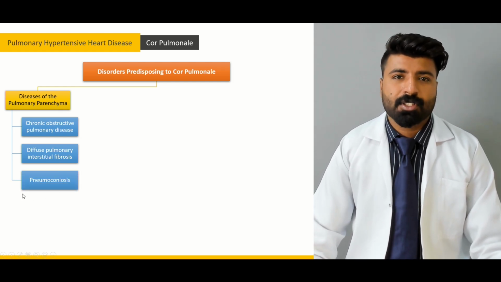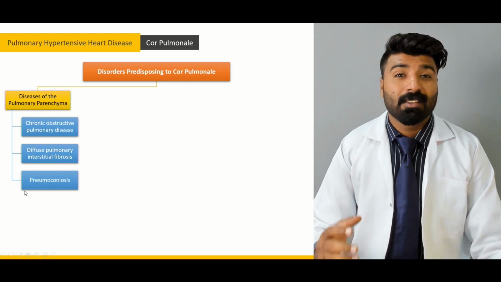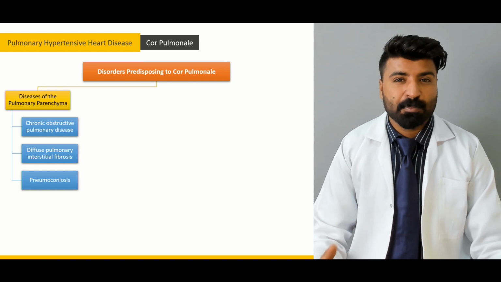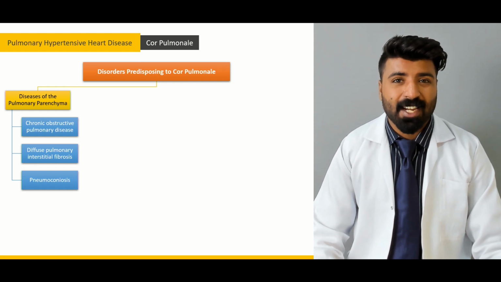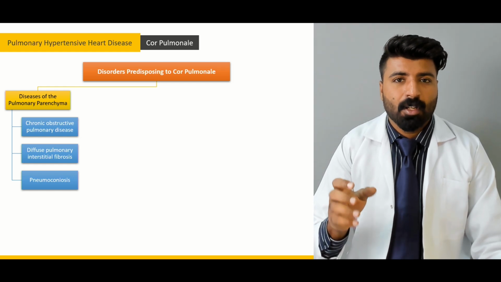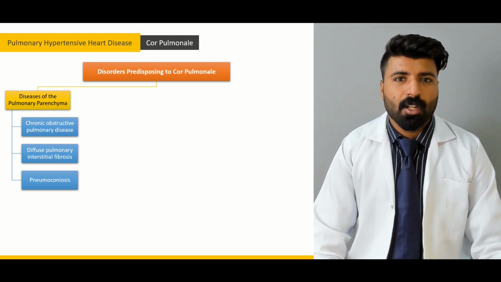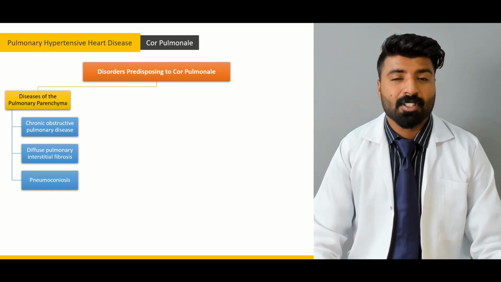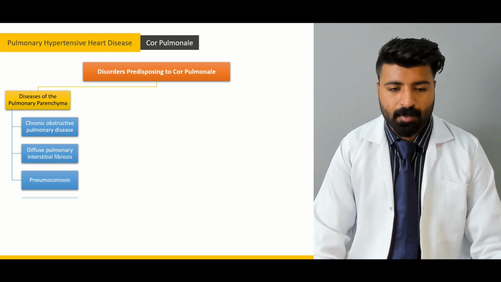Pneumoconiosis. Pneumoconiosis is actually a disease in which the people who are mining, the people who are exposed to this kind of environment get this, and this substance is gathered inside your lungs and the patient can't breathe, and this will lead to pulmonary hypertension and in turn leads to cor pulmonale.